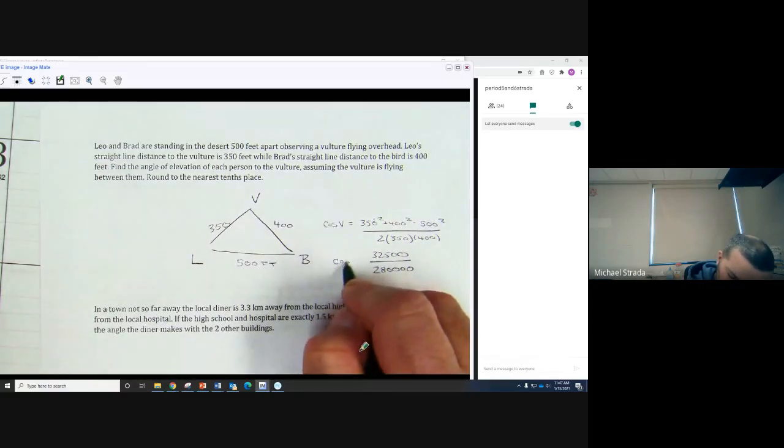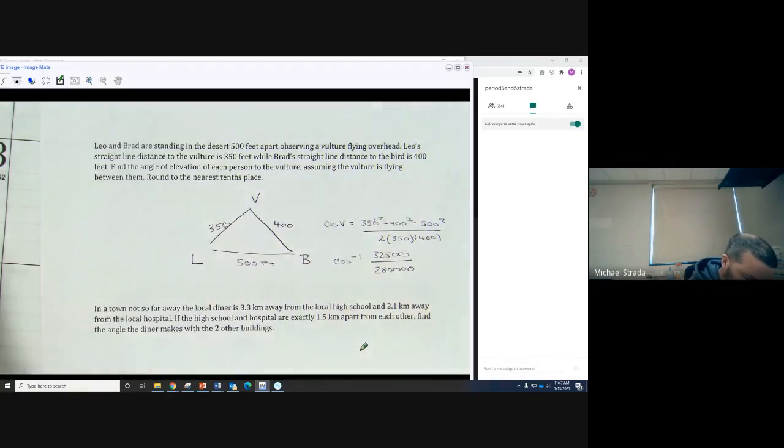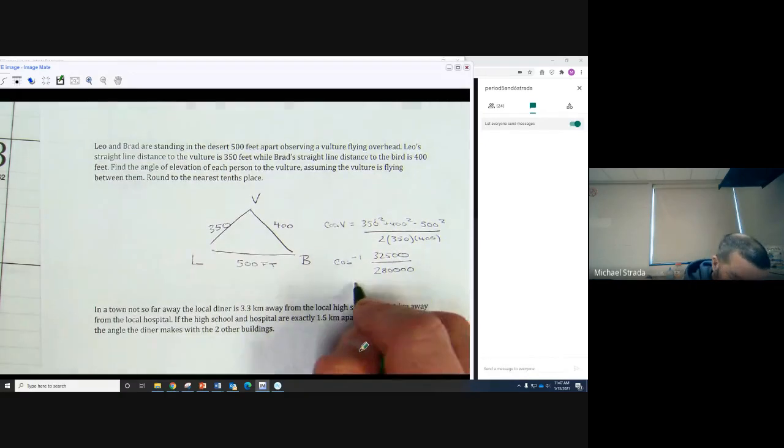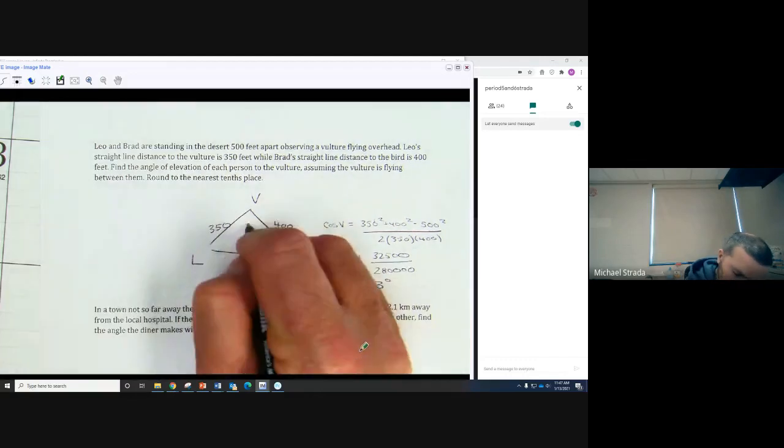I would then do cosine inverse of that expression. 32,500 divided by 280,000. And I get 83.3 degrees.